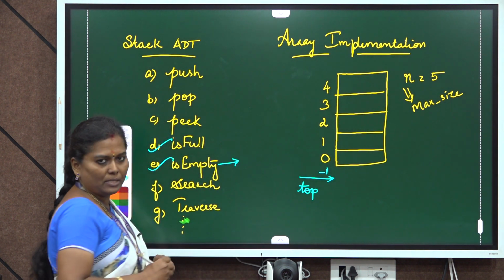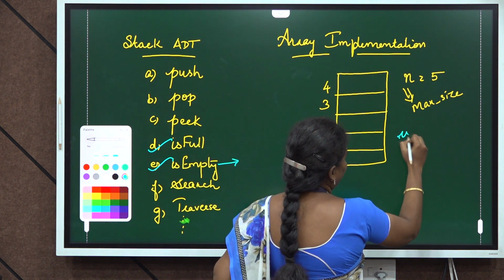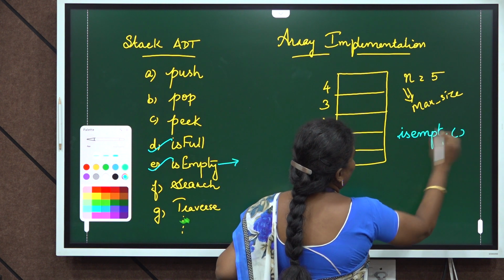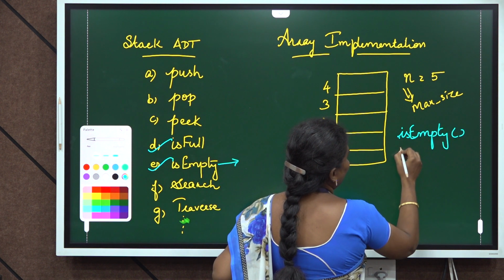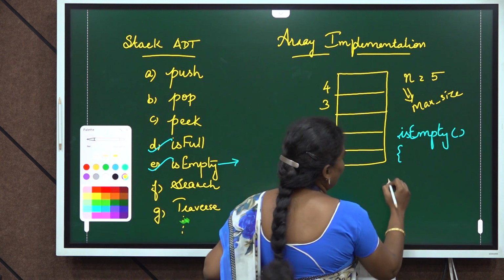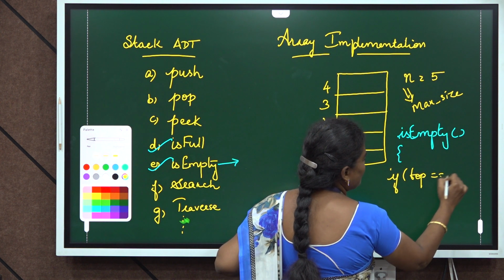When we go with the isEmpty implementation, to check for isEmpty, we are going to find whether the value of top is -1.